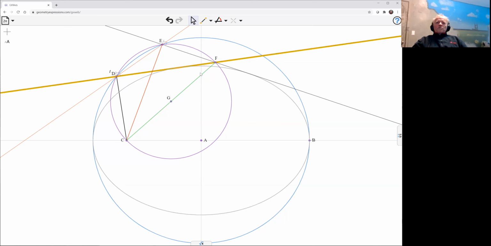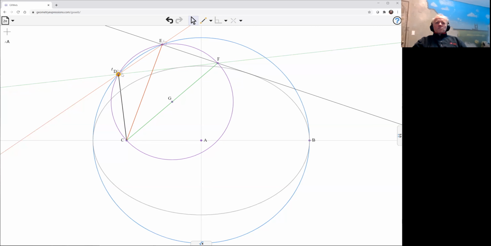So what we've got in the normal sense of the word, in the normal geometry, no limits involved: this green angle is the same as the red angle because they're both angles at the circumference lying on the same chord, CD.